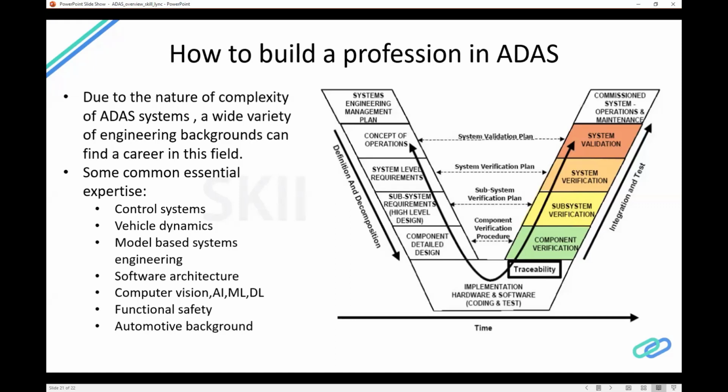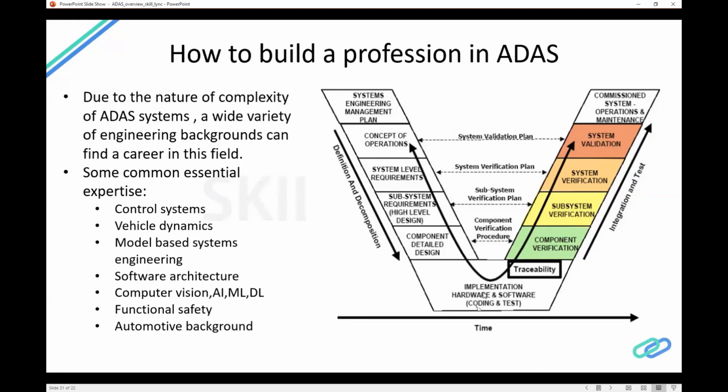Most companies use a model-based systems engineering approach, which means they use tools like Skill-Lync, MATLAB, Modelica, or ADAMS-CAR. These are some of the software tools used to design the vehicle dynamics and the logic behind these systems. Finally, there is hardware and software implementation.